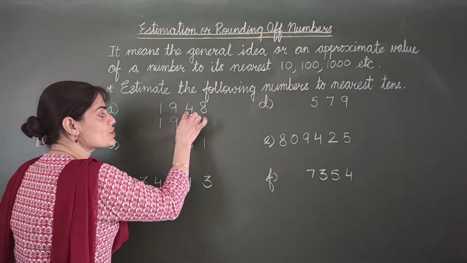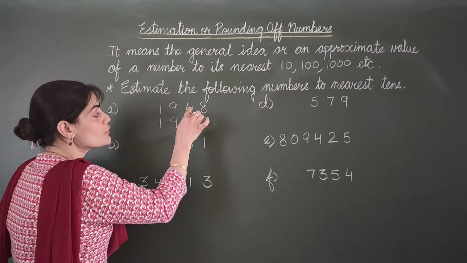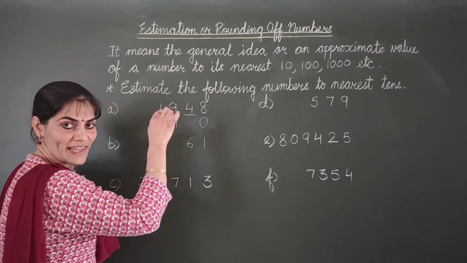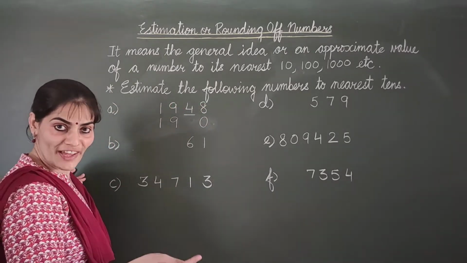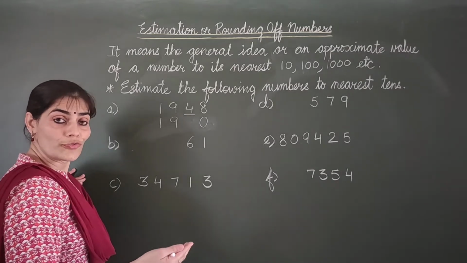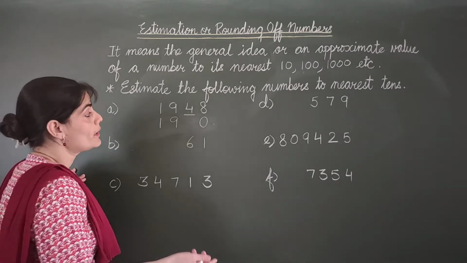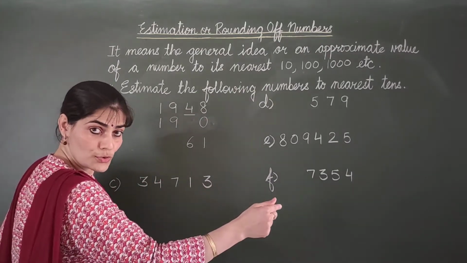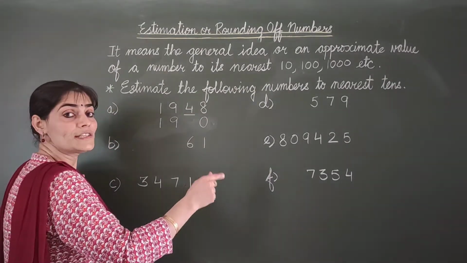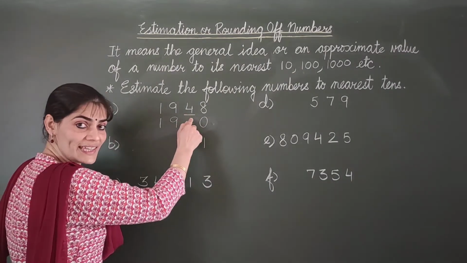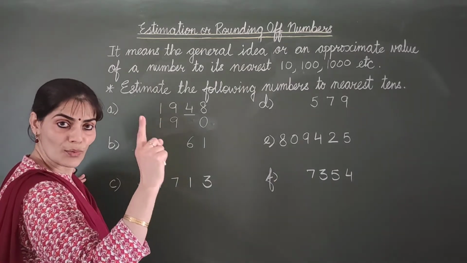Now this digit at tens place will remain the same if the digit at ones place is less than 5. That means it could be 0, 1, 2, 3 or 4. But if this digit is either equal to 5 or it is more than 5, then we will have to increase this digit by 1.